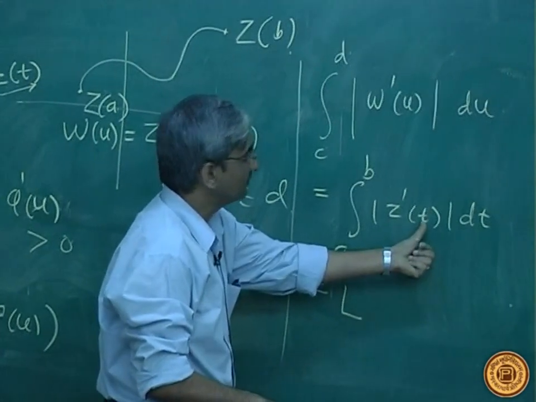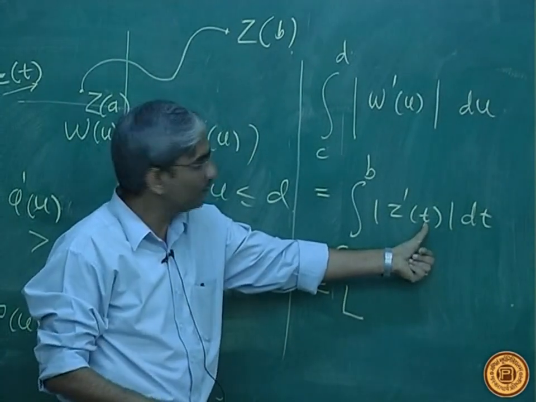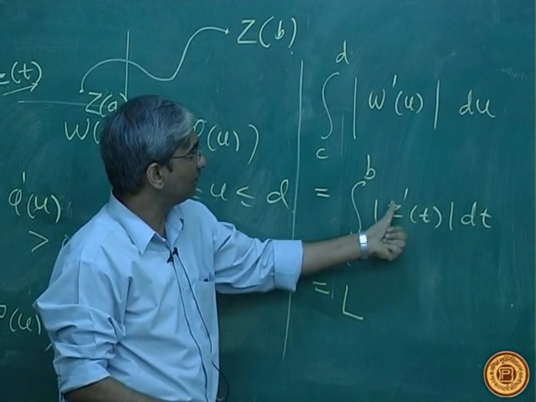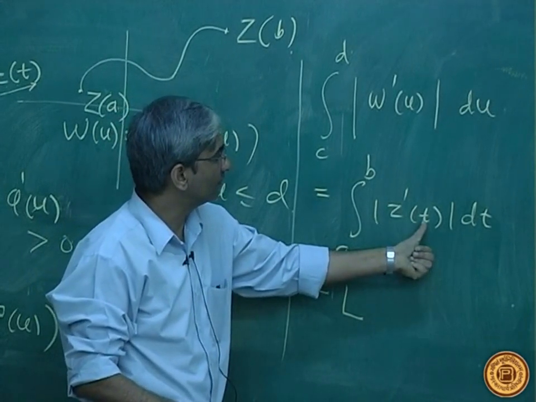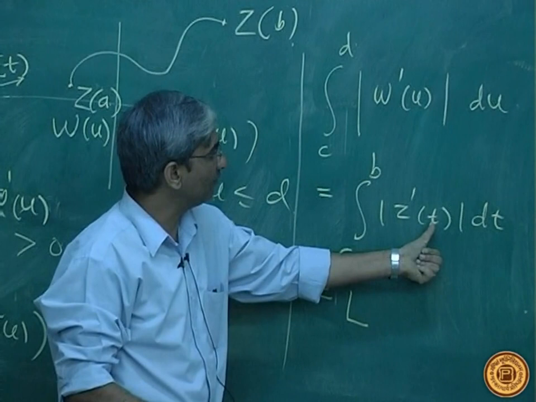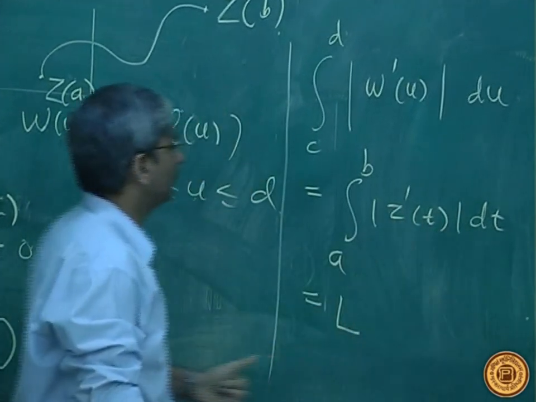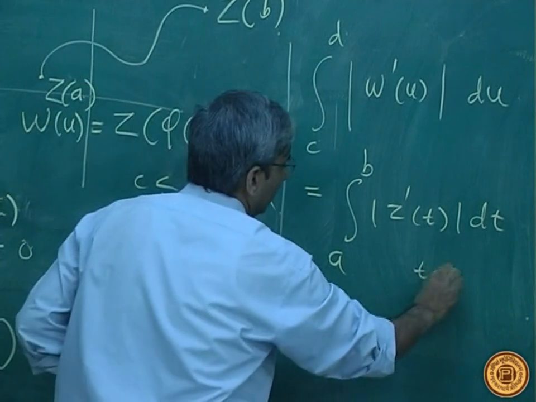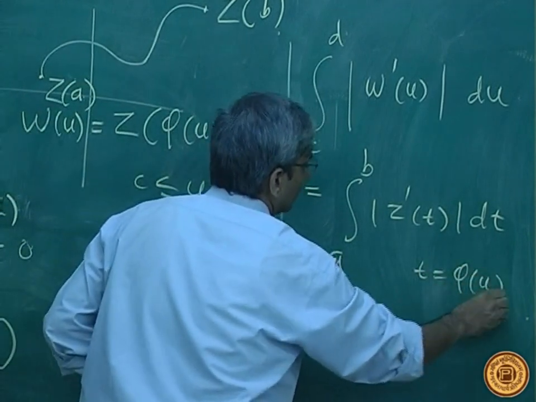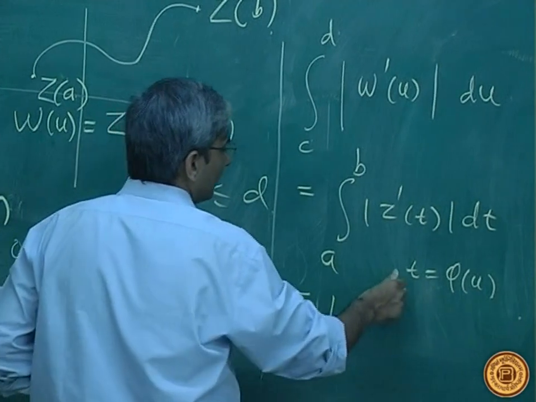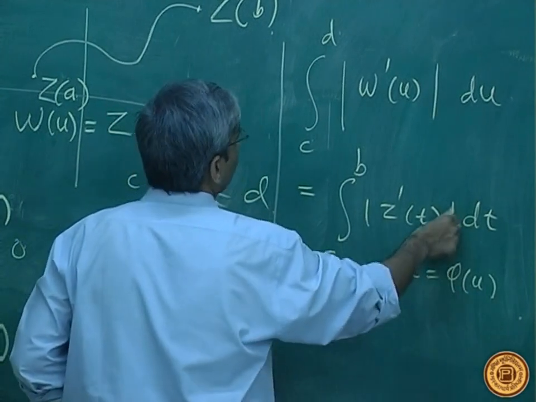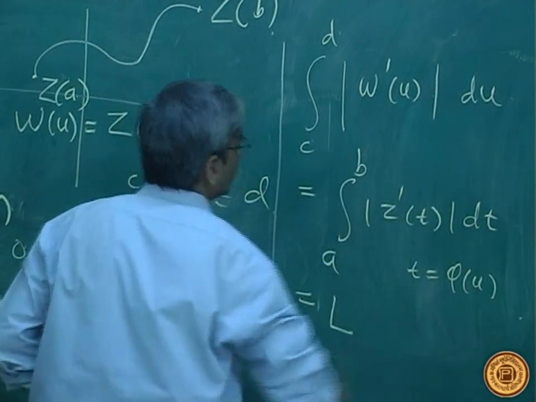Now just see here and concentrate. Put t equal to phi u, then z prime of phi u. Now what will be z prime of phi u? It will be z prime of phi u into phi prime, okay. If you put here t equal to phi u in z t, then z prime phi u into phi prime u you will get here.